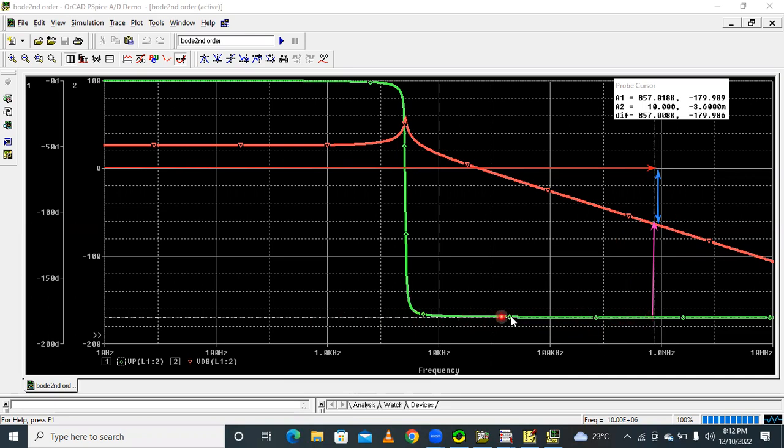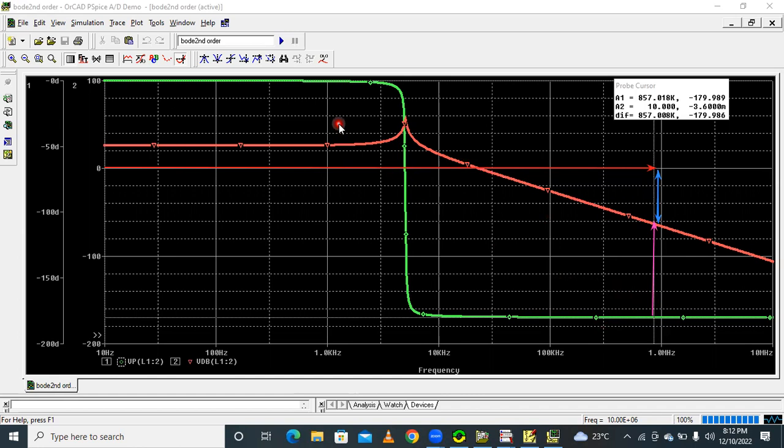That's why the phase margin is zero, the phase crossover frequency is almost infinity, and the gain margin does not exist or is zero. Like this, we have to find the gain margin and phase margin practically using this Bode plot.